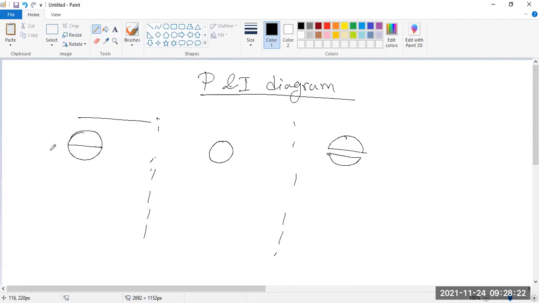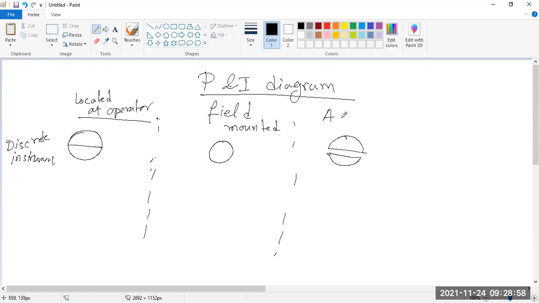Okay, so this is the discrete instrument. The instrument is located at the operator, or it is located at the field, or field mounted, or it is auxiliary, meaning accessory, or say it is for emergency purpose.